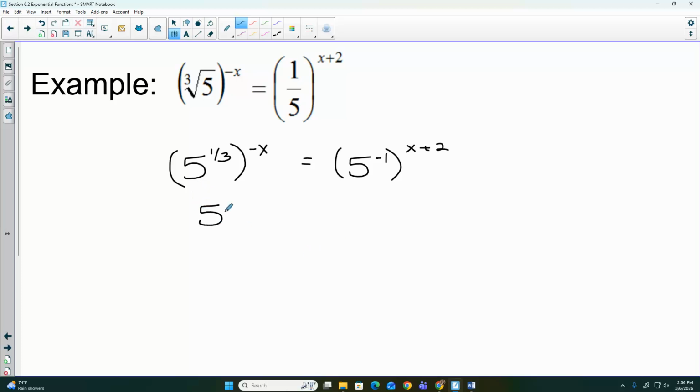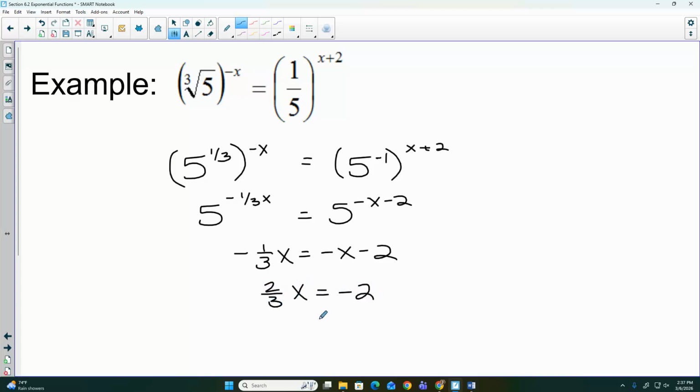Right, so then if I multiply my exponents, I have 5 to the -1/3 x equals 5 to the -x minus 2. So -1/3 x equals negative x minus 2, add over my x, divide by 2/3 or multiply by the reciprocal and we get negative 3.